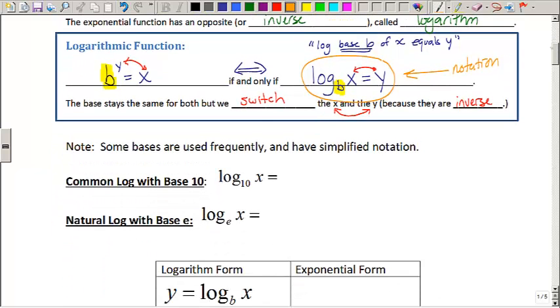Now, some bases are used frequently and have simplified notation. The first simplified notation is of the common log, and the common log always has base 10. So we have log base 10 of any argument, in this case we'll say x, can be rewritten as log x. Notice I didn't put a base here at all.